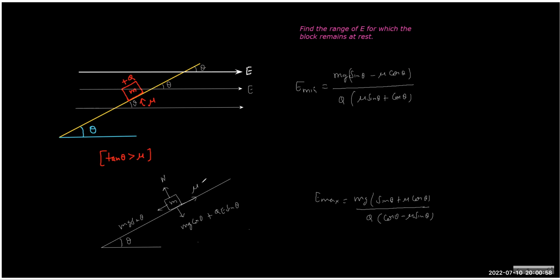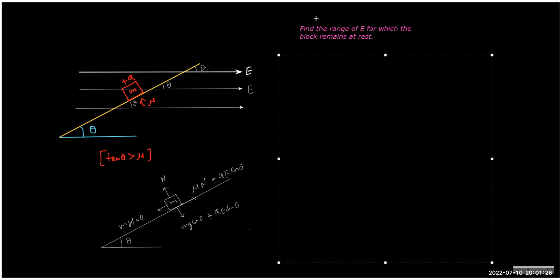How much? Mu n. And n also has the QE component, QE cos theta. Very good. So now you can balance it to get the E minimum. So now you can add mu into mg cos theta, so mu into n plus QE cos theta.